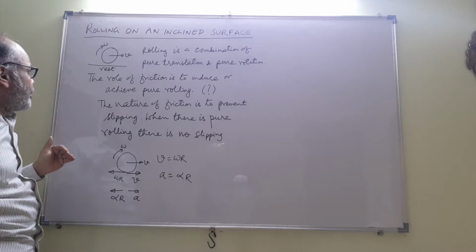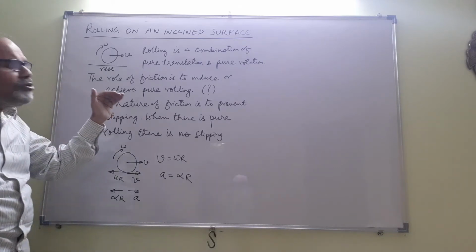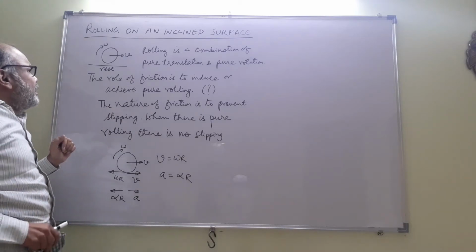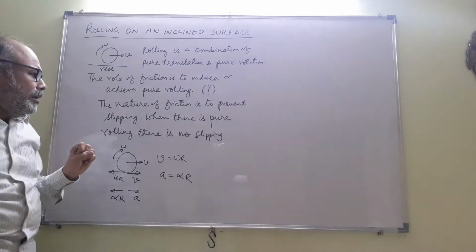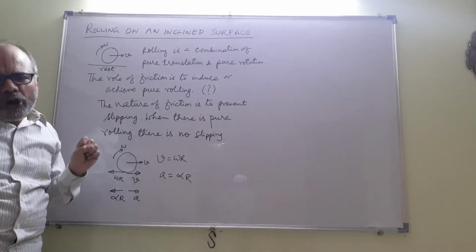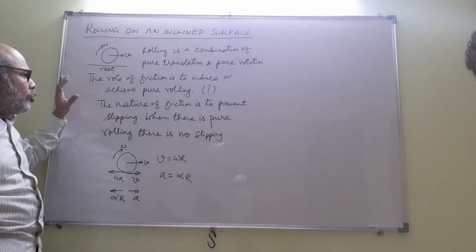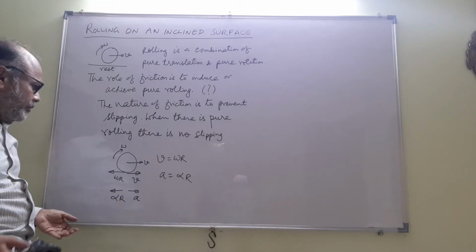The role of friction is to induce or achieve pure rolling. Why do we say this? The nature of friction is to prevent slipping, and when there is pure rolling, there is no slipping. So therefore, the role of friction is to achieve pure rolling if it is not there.